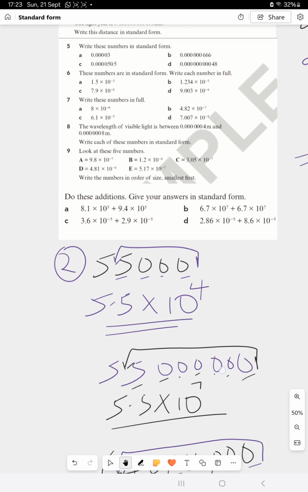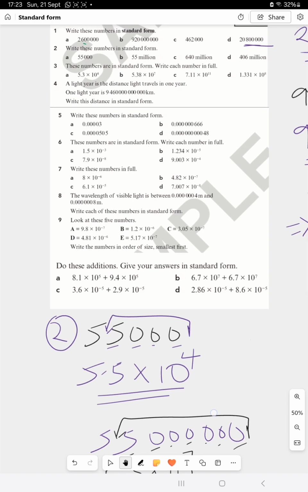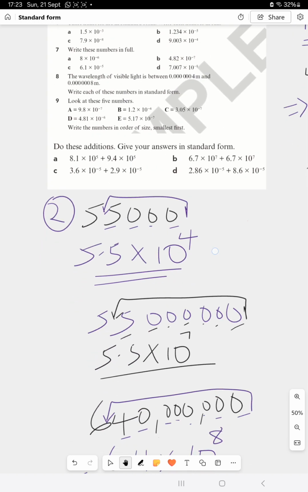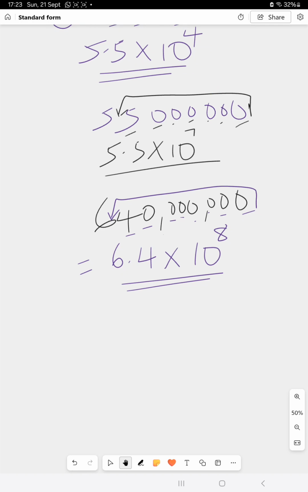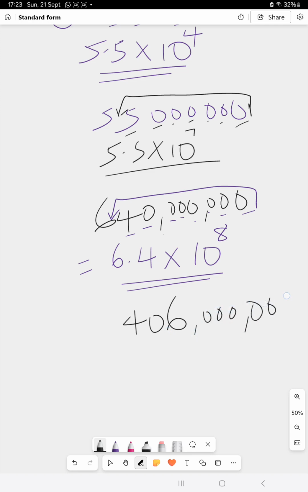The last one, D, you're told the last one is 406 million. Again, how do we do it? We shift this one from there all the way to there.